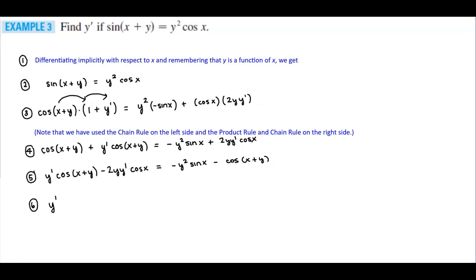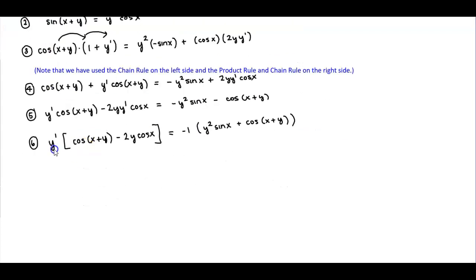If we factor out the y prime, then what's left is the cosine of x plus y minus 2y times the cosine of x, and that's equal to the right side, so we can factor out, let's say, a negative 1. If we factor out a negative 1, then we end up with y squared times the sine of x plus the cosine of x plus y.